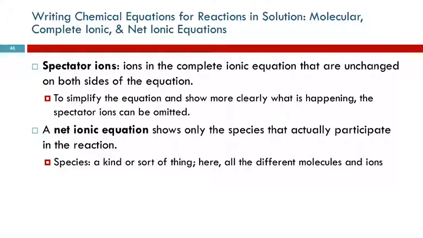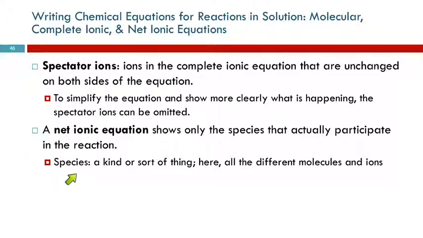The spectators don't come out with black eyes and bloody noses, right? They weren't involved, they were watching. So the spectator ions are not actually involved in the chemical reaction, they're just hanging out around it. So to simplify things, we sometimes will just leave the spectators out, because the fight would occur with or without the spectators. The net ionic equation is going to show only the ions that actually participate in the reaction.